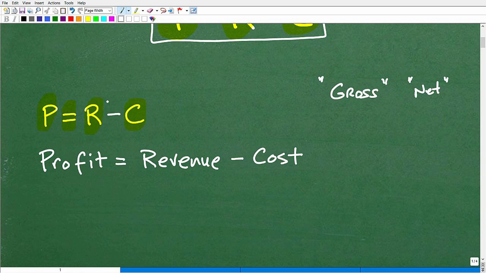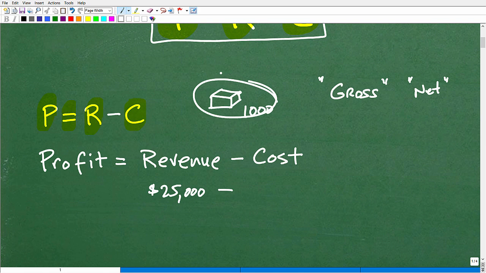These variables represent numbers. Revenue would be your gross, kind of like your gross profit. So let's say you make some little widget, some little invention that you made, and you sold 1,000 of them. Let's say you made $25,000 from selling your widgets. But how much did it cost you to produce these things?